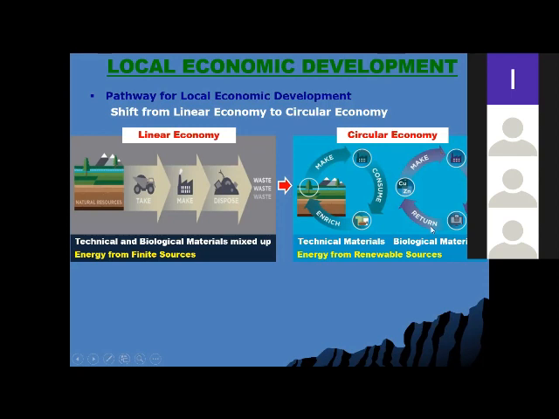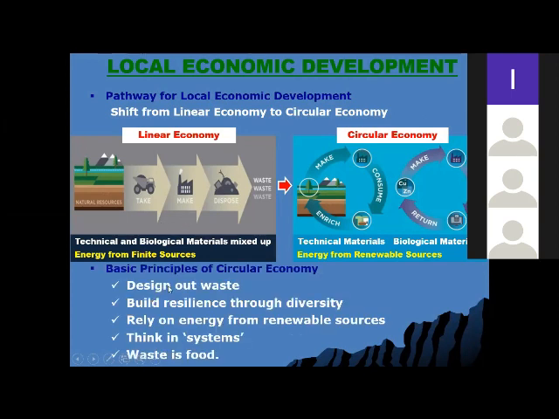Right? If you have this biological and technical circular way, then it's a circular economy. To be sustainable, we have to move from this to this, from linear to circular. So our planning, our action should be more towards this, not this, right? So that's the main message here.